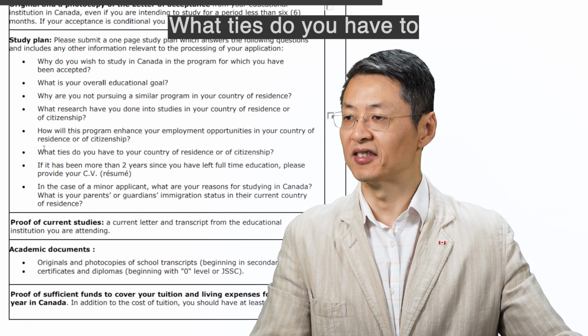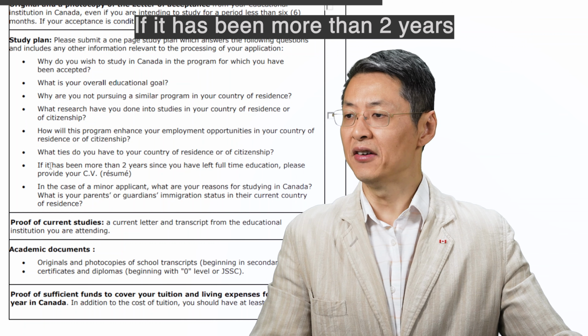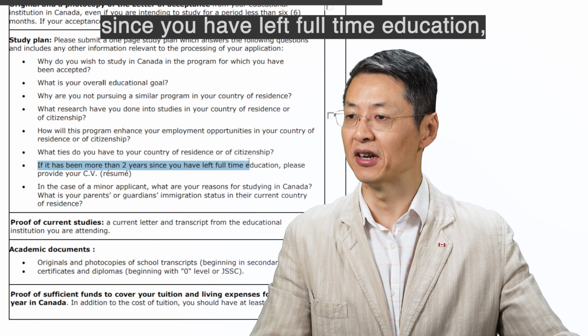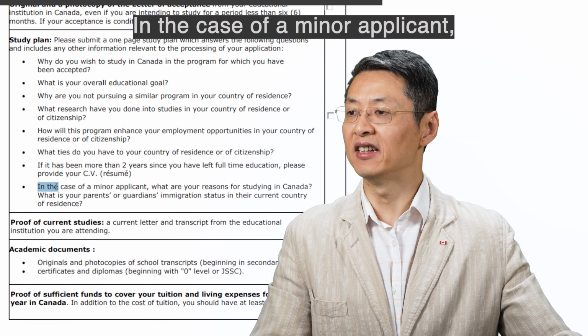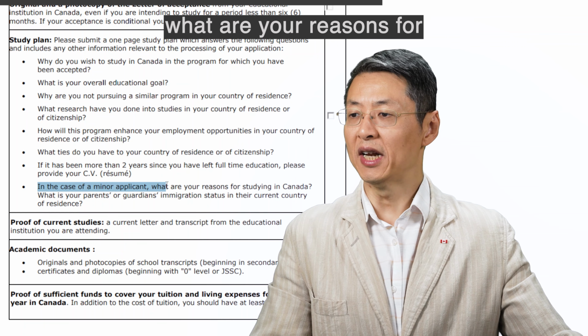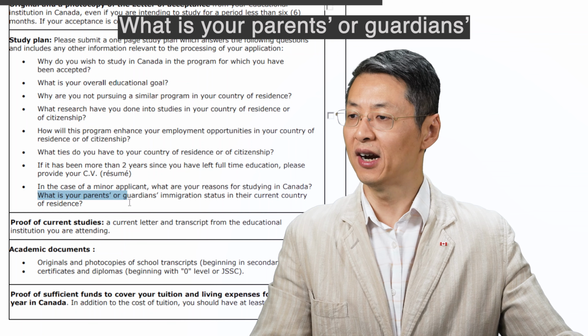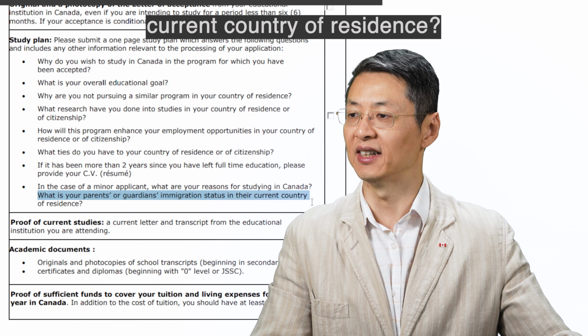What ties do you have to your country of residence or of citizenship? If it has been more than 2 years since you have left full-time education, please provide your CV resume. In the case of a minor applicant, what are your reasons for studying in Canada? What is your parents' or guardian's immigration status in their current country of residence?